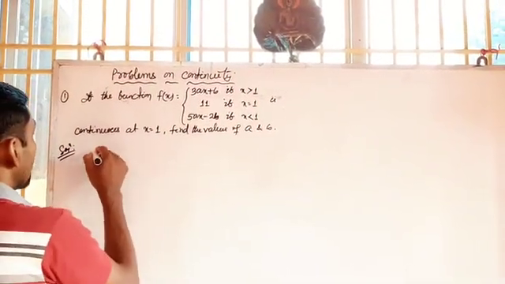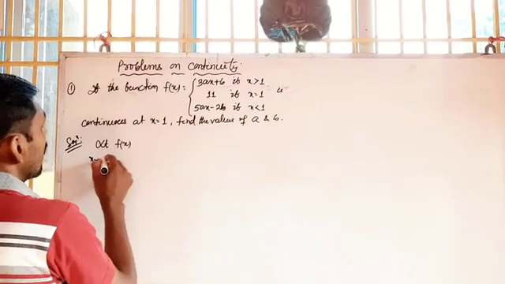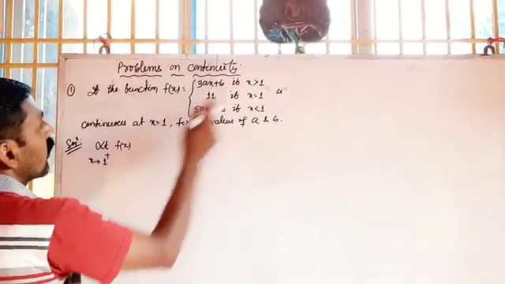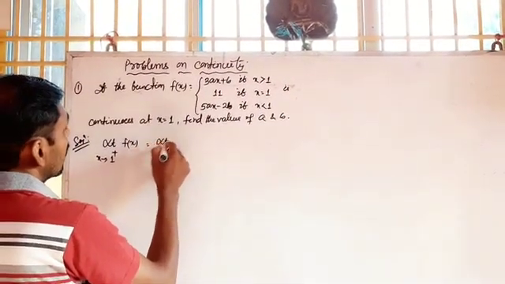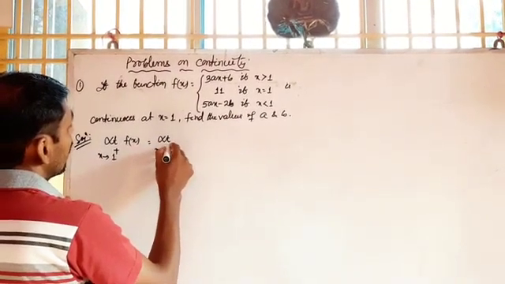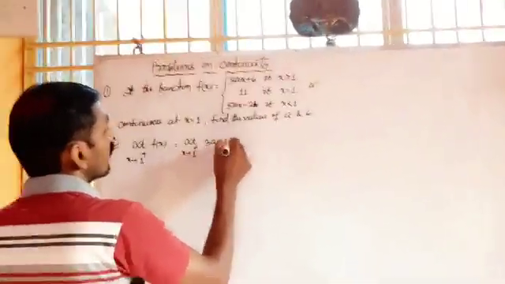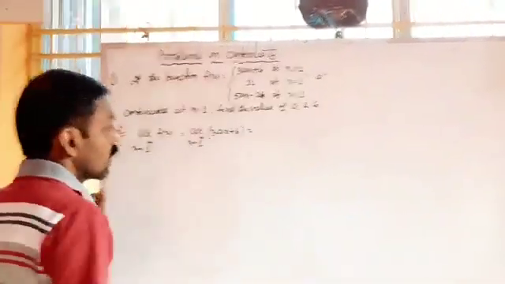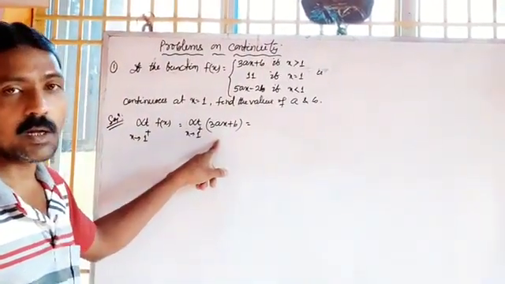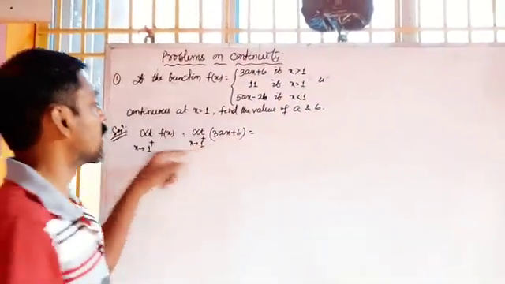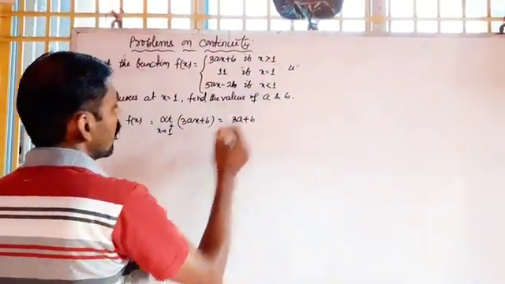So here first we will find limit of f of x, x tends to 1 plus, greater than 1. So it is limit x tends to 1 plus, for x greater than 1, the value of the function is 3ax plus b. Now it is a polynomial or algebraic function, so we can put the value of x equal to 1 directly here. So this is 3a plus b.